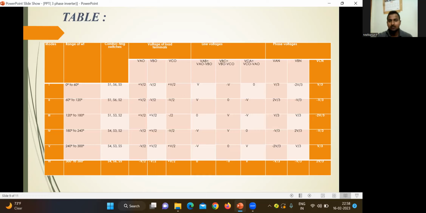After drawing the equivalent circuit diagram, substituting the impedance values and applying Ohm's law, we got the phase voltages: VAN equals minus V by 3, and VCN is also minus V by 3. Both are negative group, and VBN is the positive group, 2V by 3.